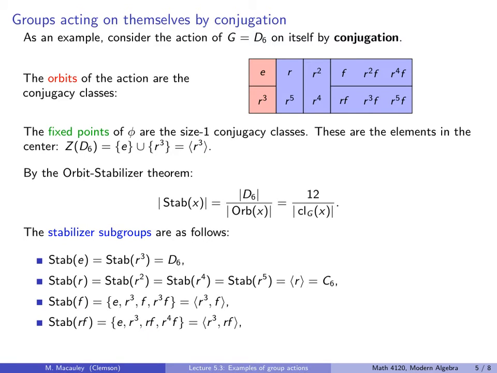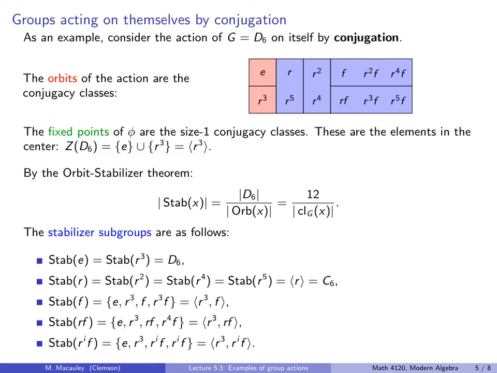So there's only one more element, and that's the product of these two, r cubed times Rf. That's r to the fourth f. Now we're tempted to make r to the fourth the identity, but remember, we're in D6, we're not in D4, which is our usual example. So the stabilizer consists of these 4 elements, which is just the subgroup generated by r cubed and Rf. So both of these subgroups are isomorphic to the Klein 4 group.